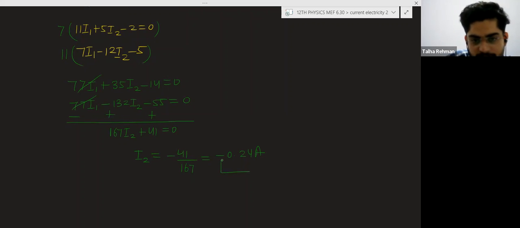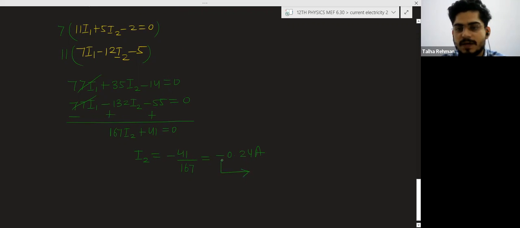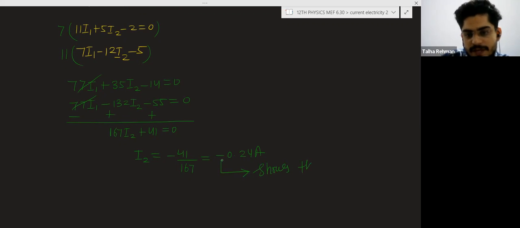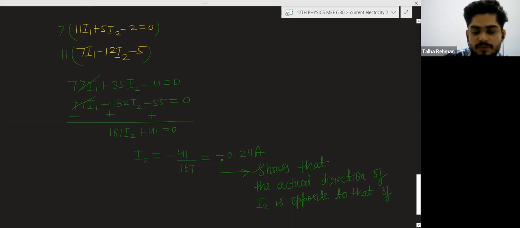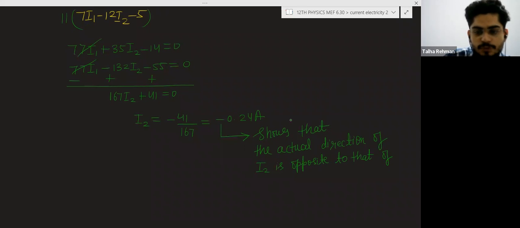This negative sign shows that the actual direction of I2 is opposite to that which we have assumed.